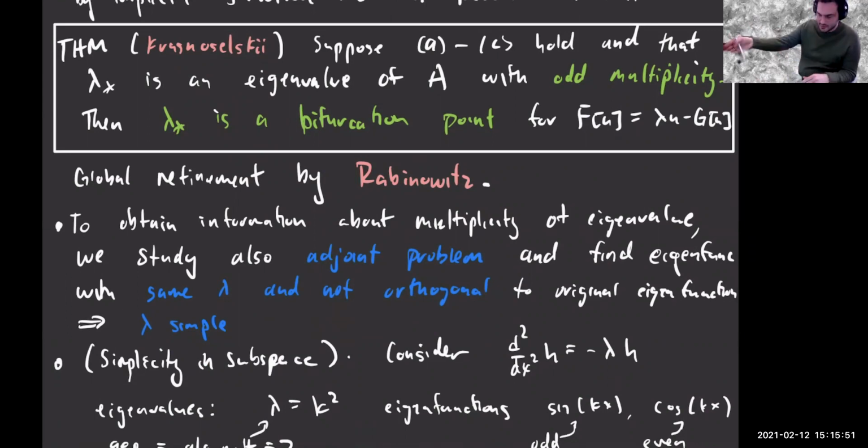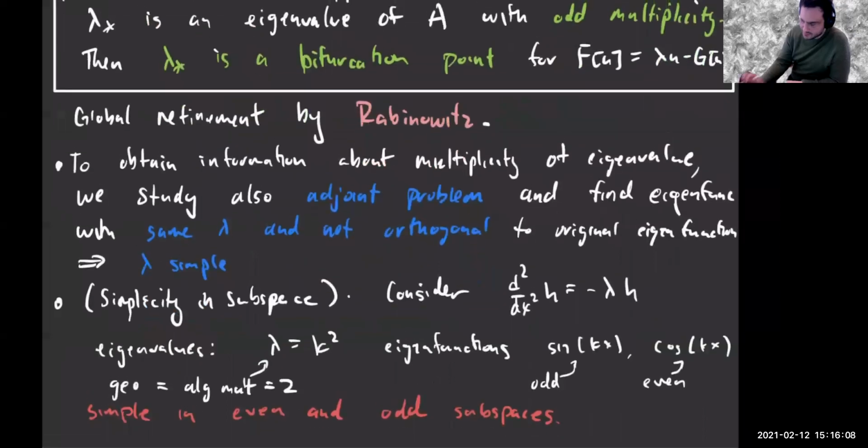And that's how you can deduce the multiplicity. And so then you need to find an appropriate setting for which the eigenvalue of the linearized problem would actually be simple. And this is just a very simple idea here that Yudovich uses. Let's say you consider this problem d_x squared h equals minus lambda h.